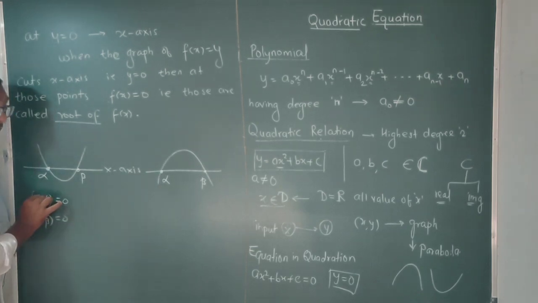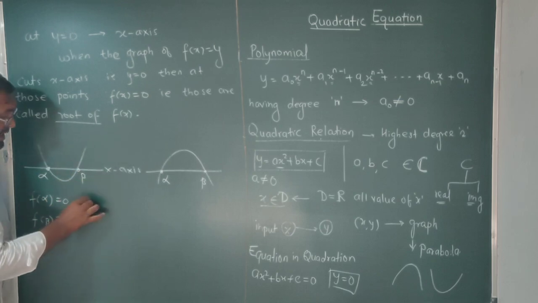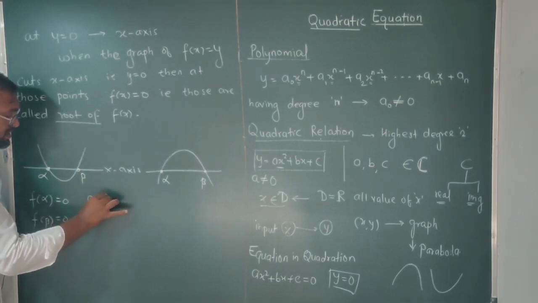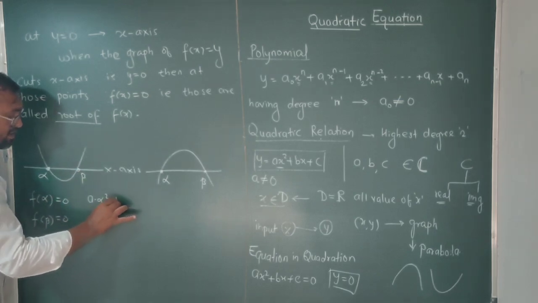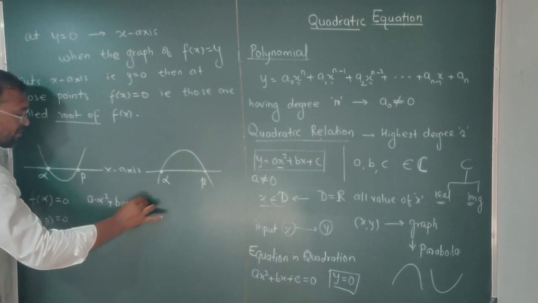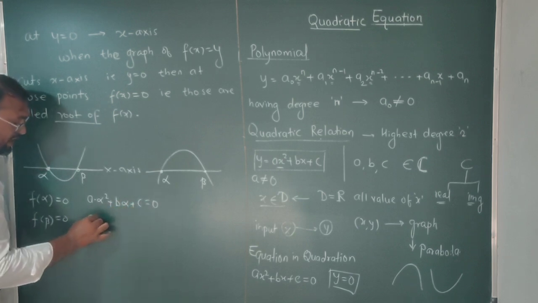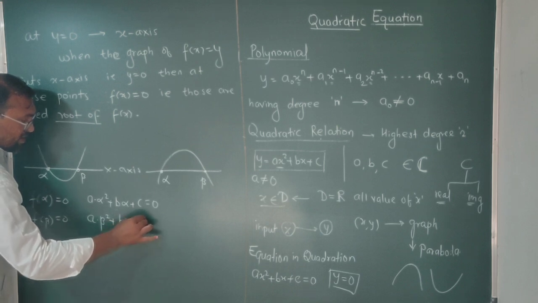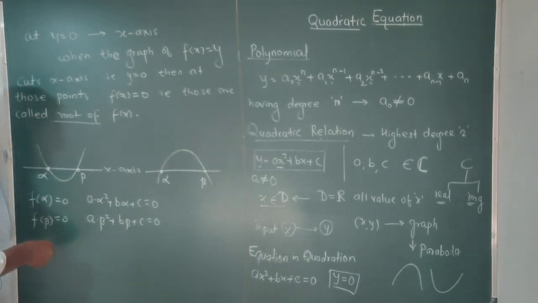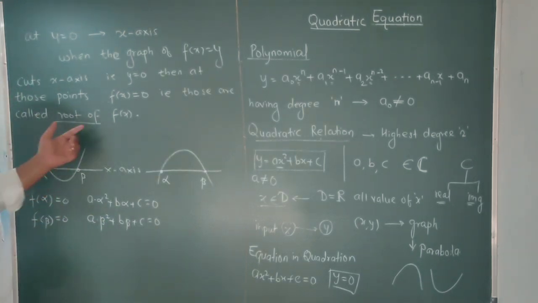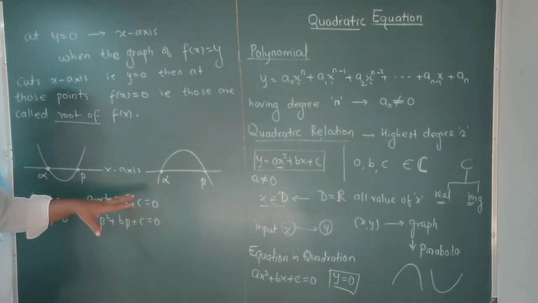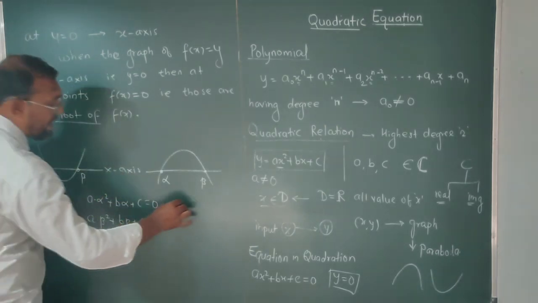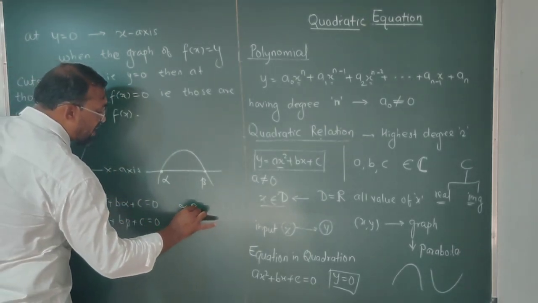Or you can put the value of alpha in the equation, that is a into alpha square plus b into alpha plus c equals 0, or a into beta square plus b into beta plus c equals 0. For these two values, the value of the graph becomes 0 or it cuts the x-axis. Therefore, alpha and beta are roots of the equation.